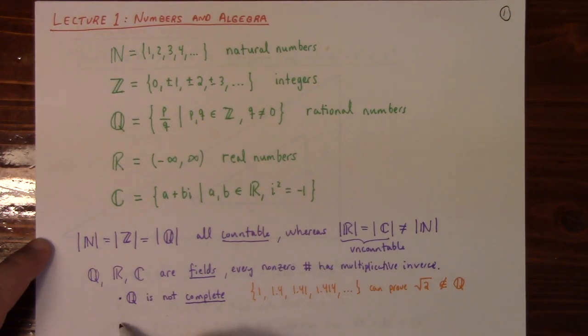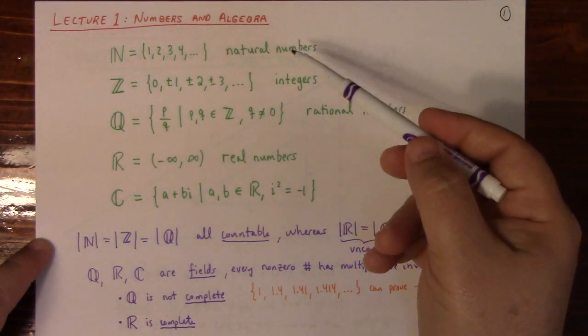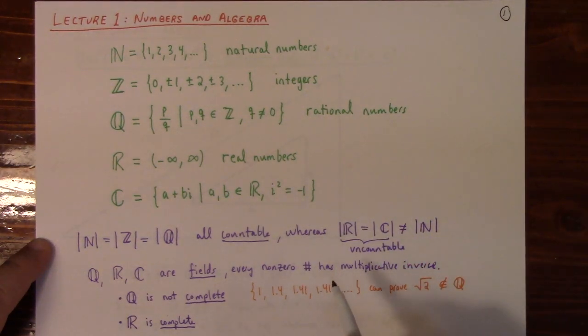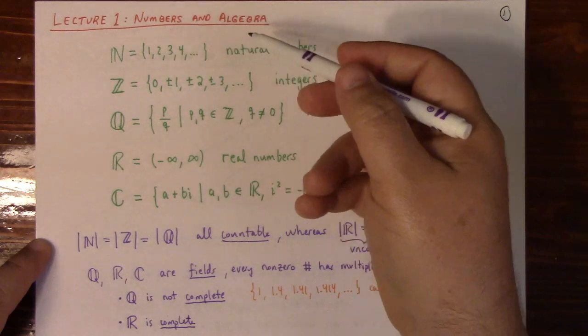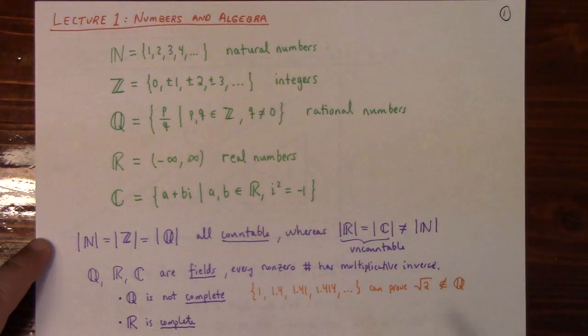Now the real numbers. What's the problem with the real numbers? Well, the real numbers are complete, all right? And towards the end of this lecture, I'll talk a little bit about how you would build these, specifically from some constructions. So at the end of this lecture, we'll come back to how to build these formally.